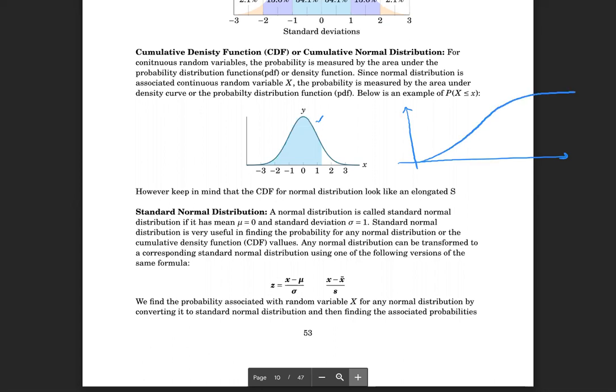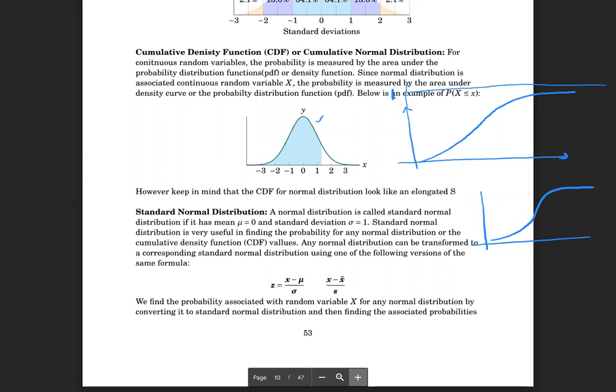It's kind of like an elongated S, and the probability has to add up to 100%, so this is going to be 1. It goes a bit more like that.